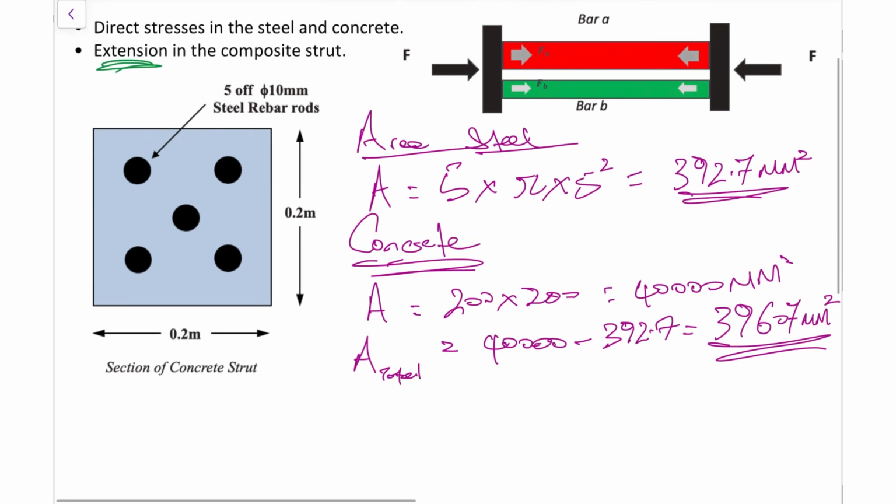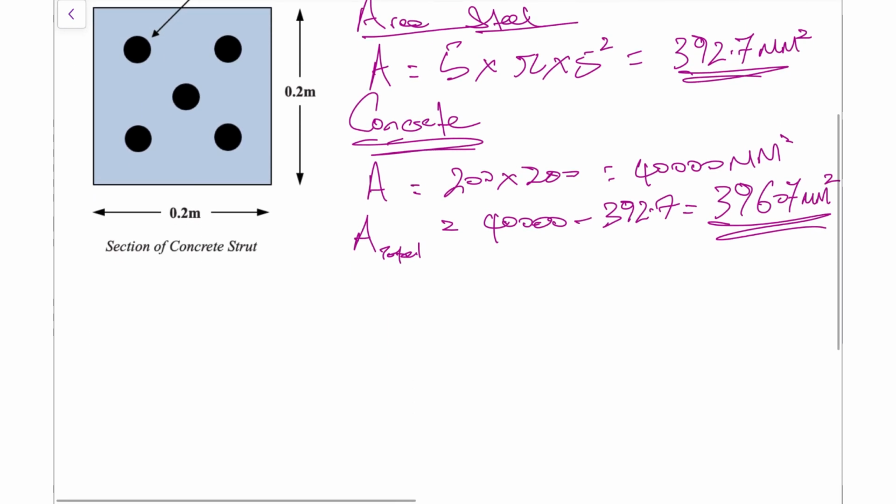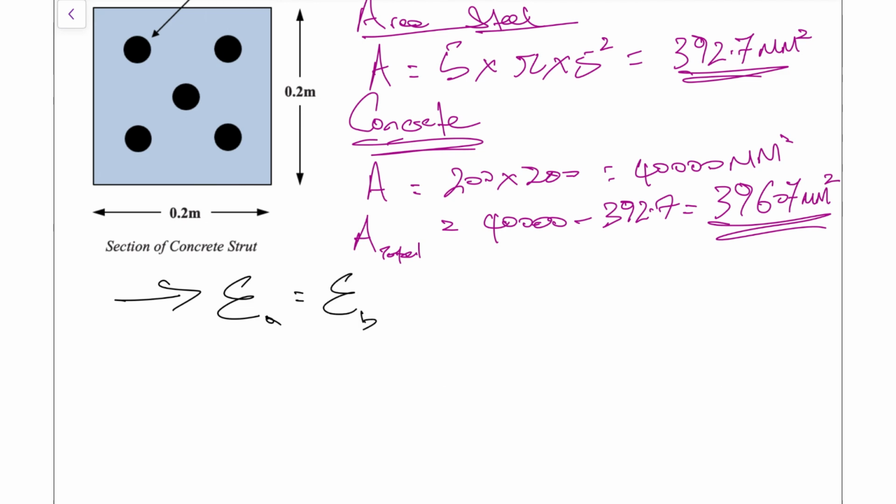So let's analyze what will be happening since this is a parallel setup. So the first thing that you must observe is that the strains will be equal. So whatever strain we have in the concrete, we're going to have the same strain in the steel rebars. And if you can recall, our strain is also in this formula for modulus of elasticity, which is stress divided by strain.